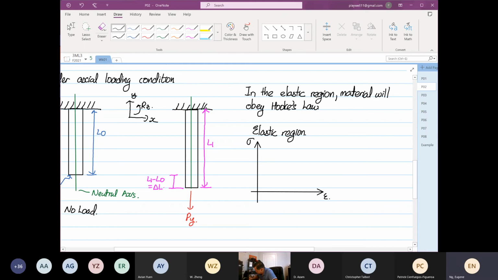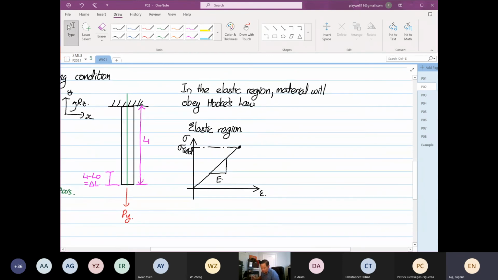So this is the elastic region, it's a straight line, and at this point over here, this is your stress. If you look at the elastic region, we know that this slope over here is your E, right?